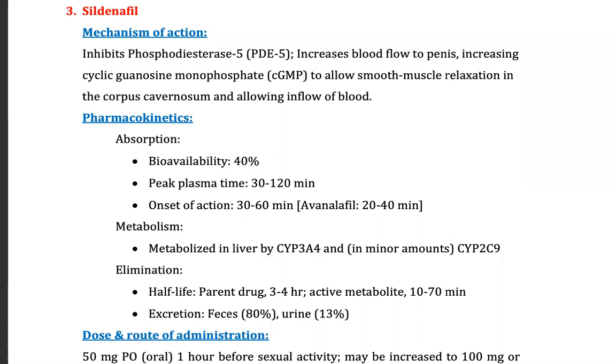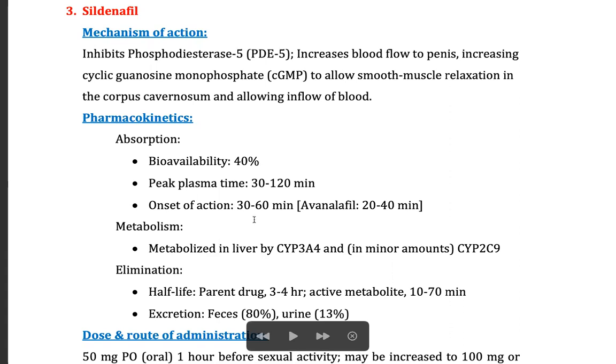Pharmacokinetics of sildenafil: absorption, generally it has a bioavailability of 40%, peak plasma time 30 to 120 minutes. So it is recommended to take this medication 1 hour before sexual performance, because the peak period is about 30 to 120 minutes.